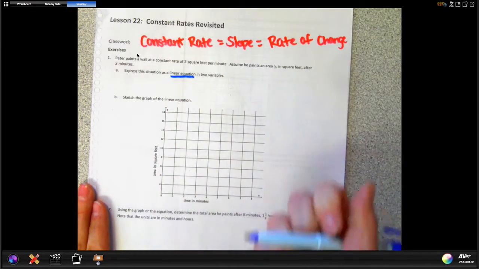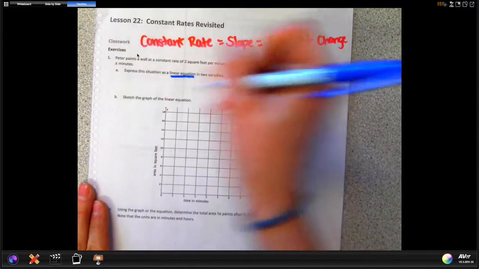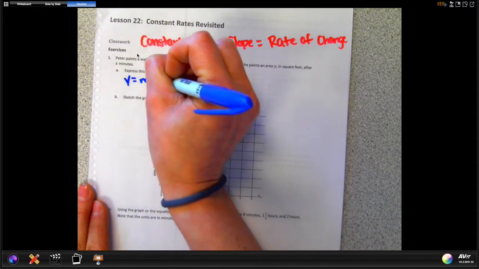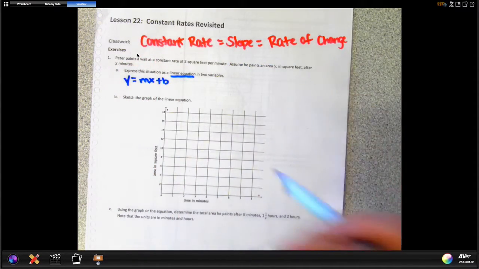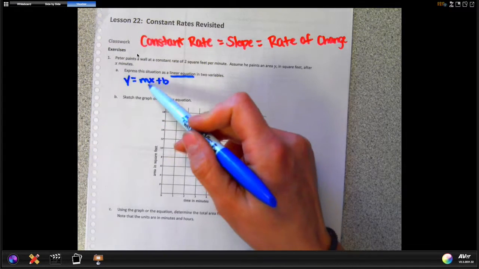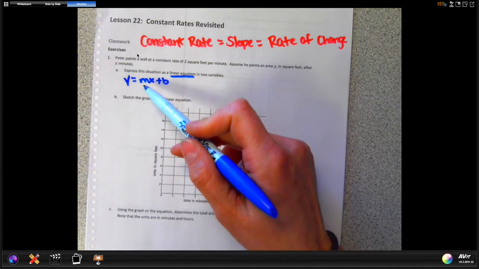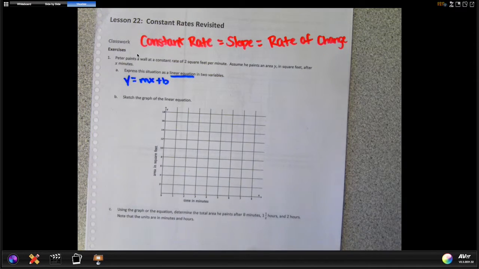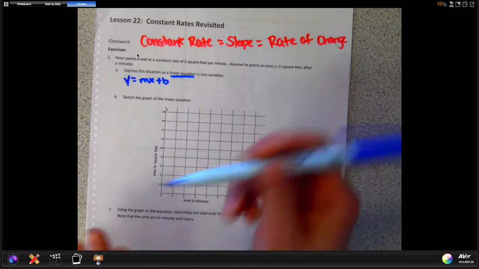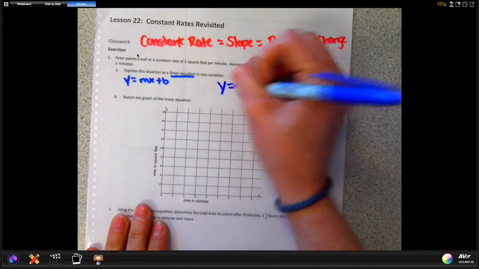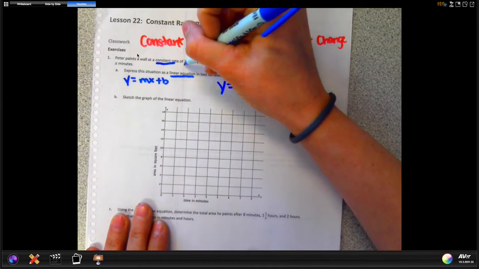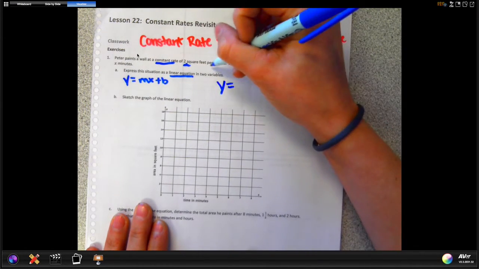Anytime we see this word linear equation, we are looking to get y equals mx plus b, meaning we want this format where m is our slope or our rate of change or our constant rate, and b is our y-intercept or our starting amount. So in this situation, we have y equals our m, our constant rate, is 2 square feet per 1 minute.